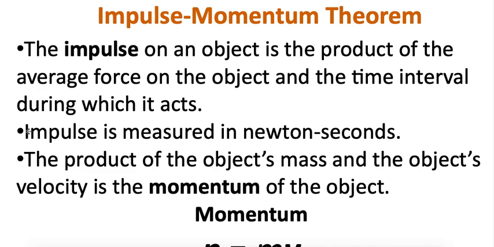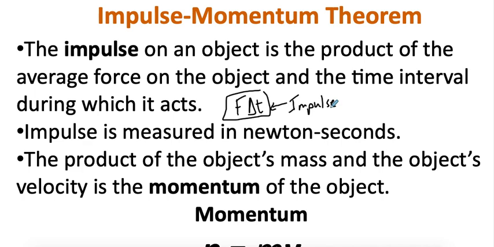So our label for impulse is Newton seconds. Impulse is force times the change in time. That's the impulse of an object, and it's going to come into play with our actual theorem coming up.